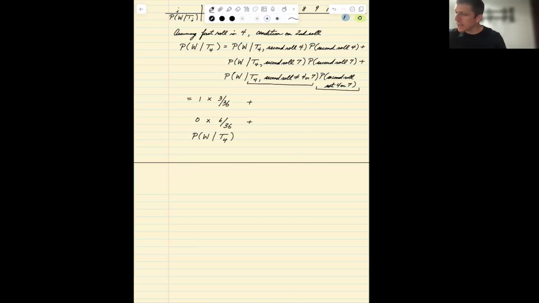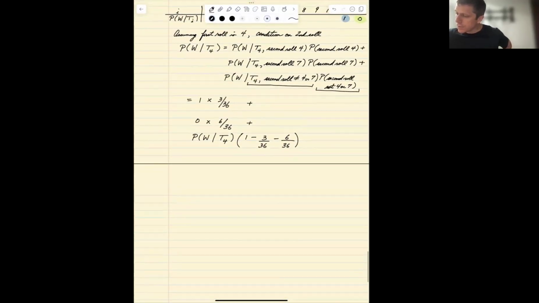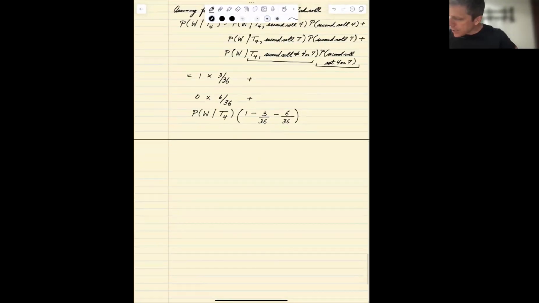And then what's the probability that the second roll is not a 4 or a 7? Well, it's just the complement of rolling a 4 and not rolling a 7. So it's 1 minus the probability of rolling a 4 minus the probability of rolling a 7 on the second roll. Okay, so this gives us an expression.